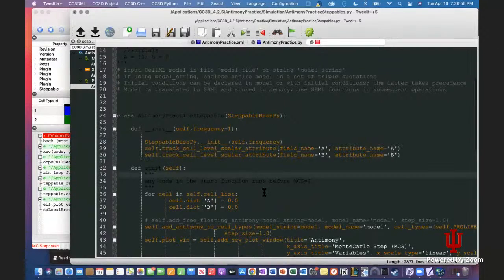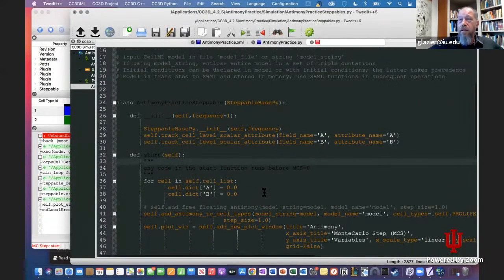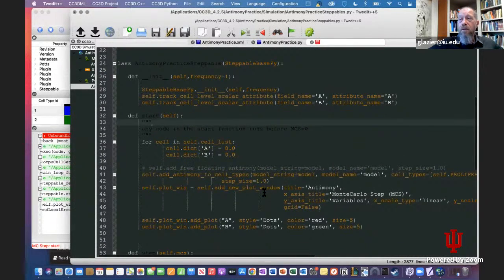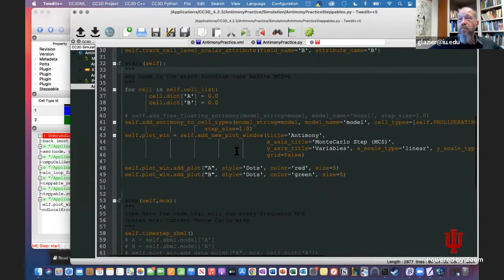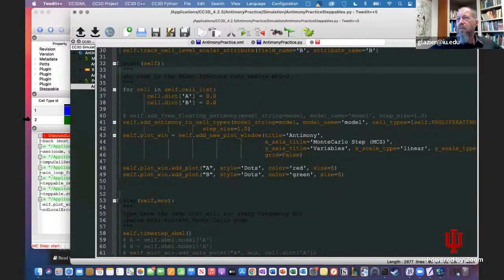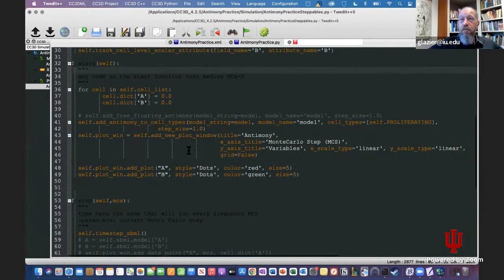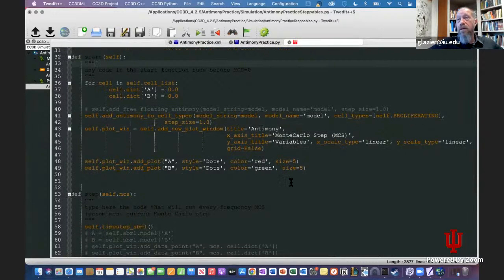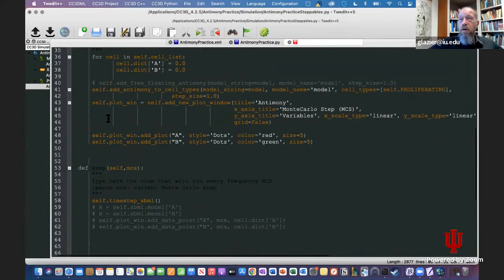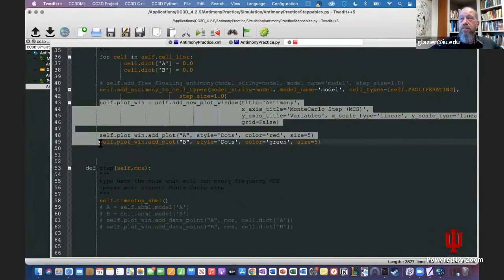Okay, so they're in the init. They're fine. You create the dictionary entries for them, that's fine. You add antimony to all the cell type proliferating, that's fine. You create the plot window, which we're probably not going to use. That's okay.